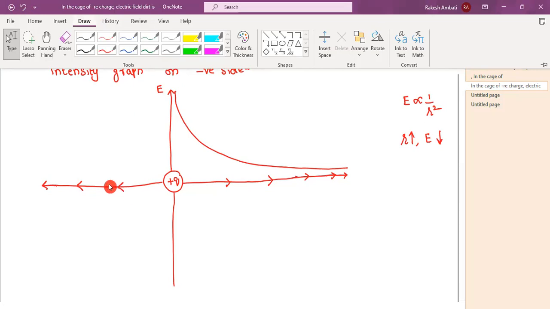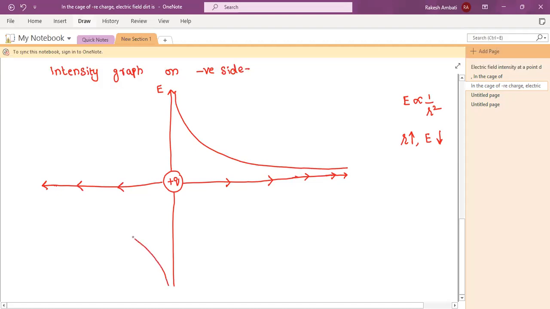But here the intensity is along the negative direction, so we draw the graph on the negative side. So the graph will be like this.